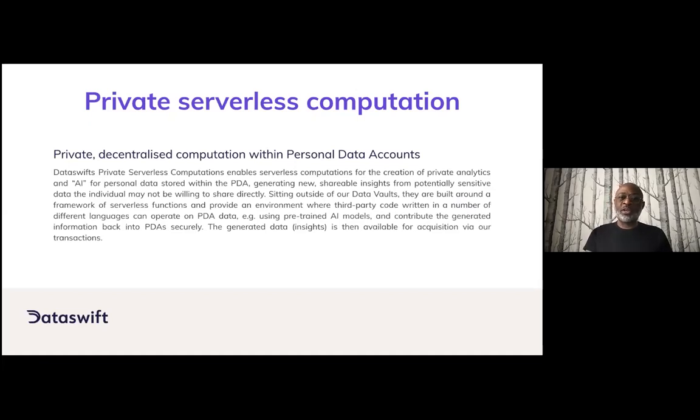Private serverless computations are just what they say. If you've got data in a PDA, we can allow you to pass that data to a serverless machine that will do some computations on it for you. That data can then be put back into your PDA.